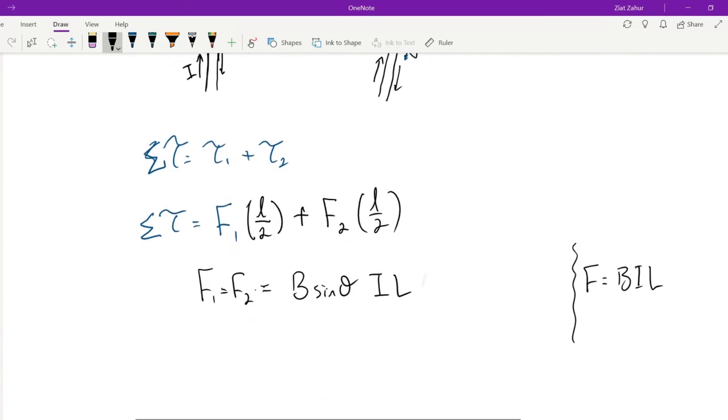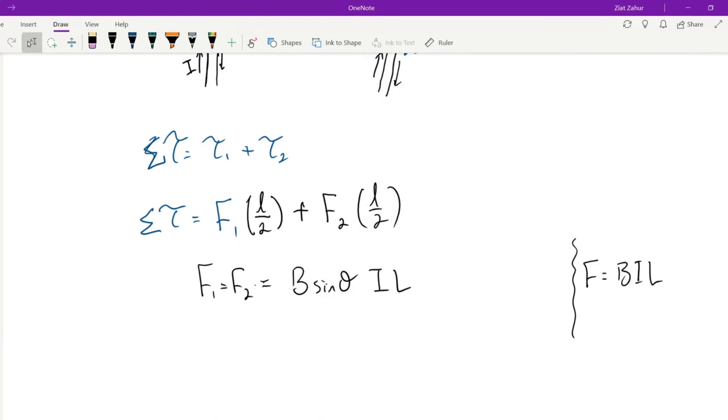And therefore, torque is just F times L, right? F times L, because the forces are equal. All right.